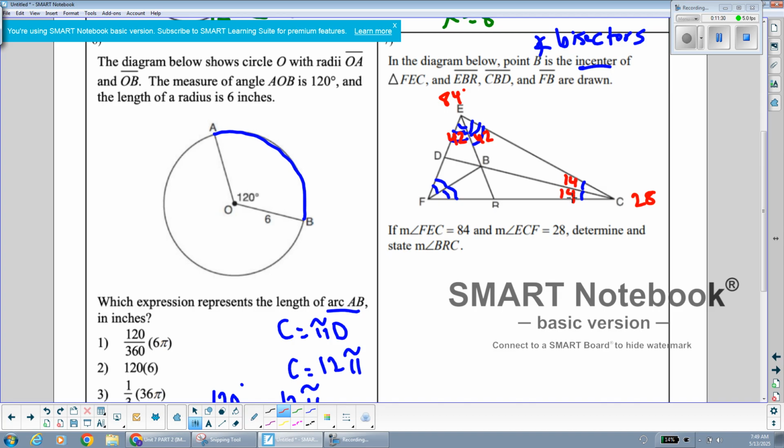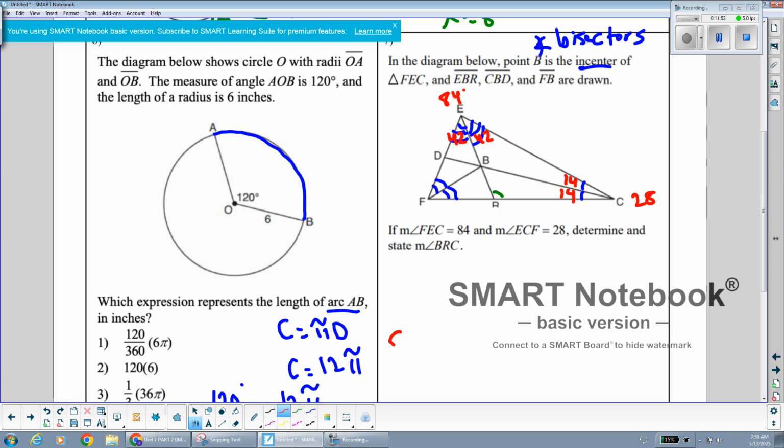I don't know if we need this. I didn't really look at the question yet. And determine and state angle BRC. So we're looking for this angle over here in green. Okay. So if this angle was 84 and this angle was 28, I know that all 3 angles of a triangle make 180 degrees.